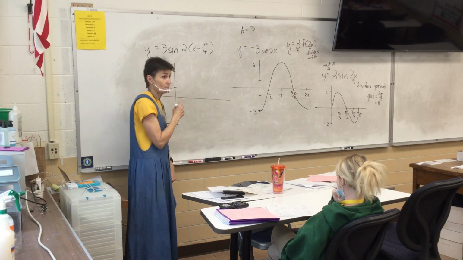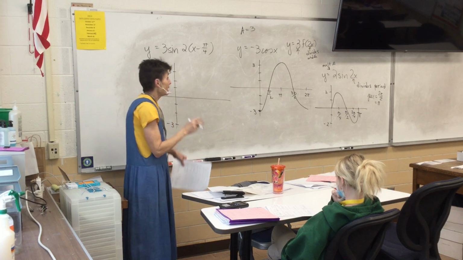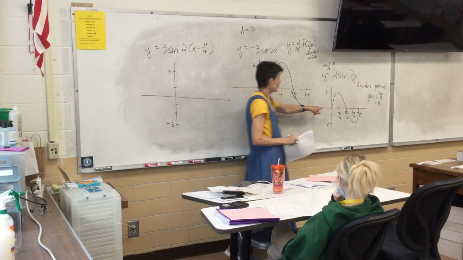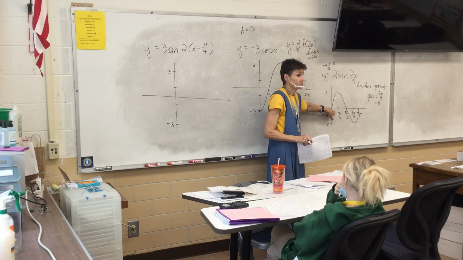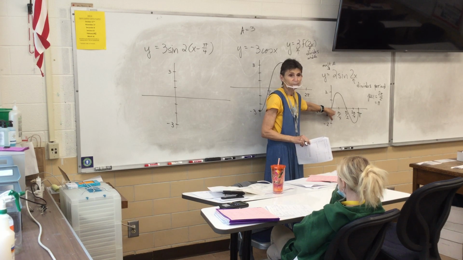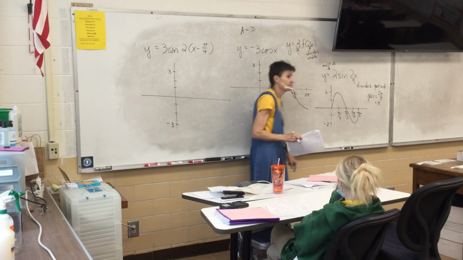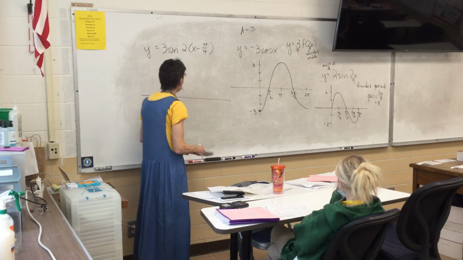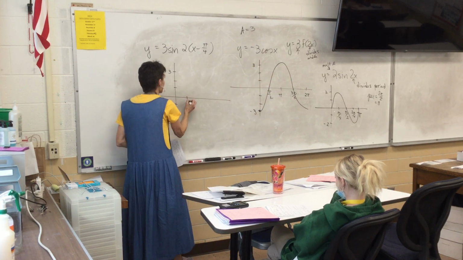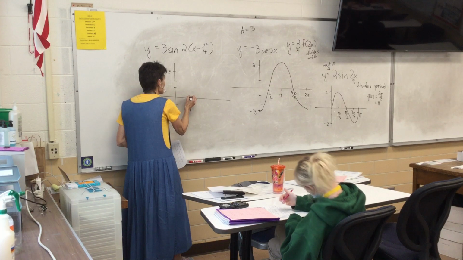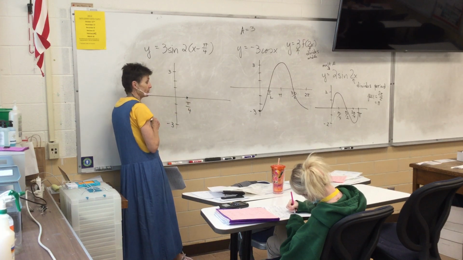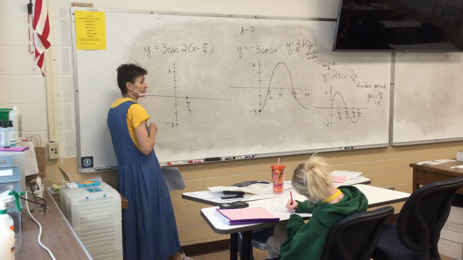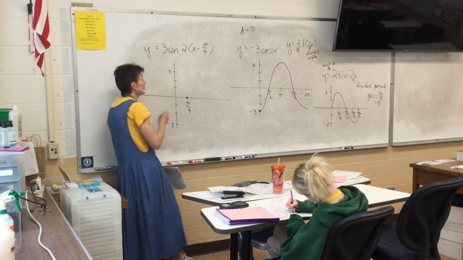And this is a sine picture. And the sine picture is supposed to start at the origin. But not this one, because what's happened to it? Izzy? It's moving over to the right. It's going to start at pi over 4. So my sine curve is now starting at pi over 4.